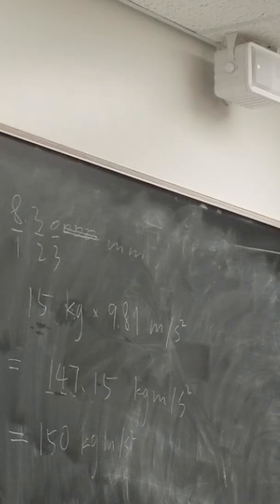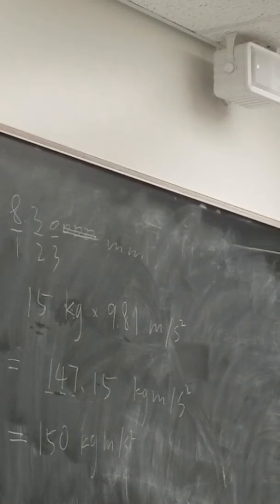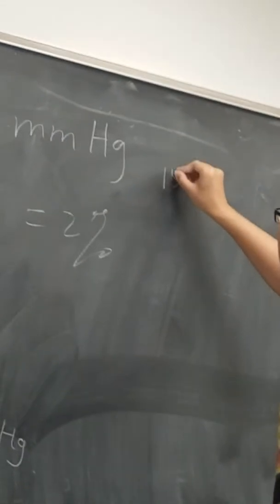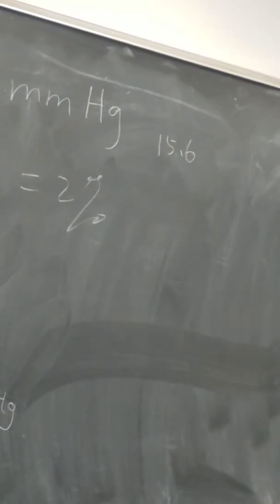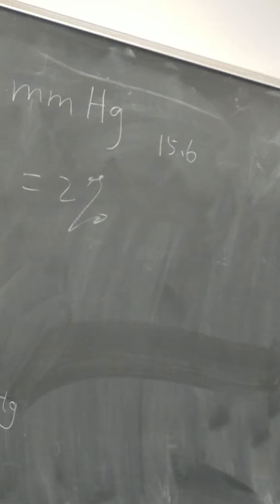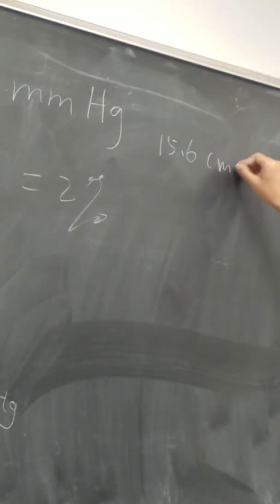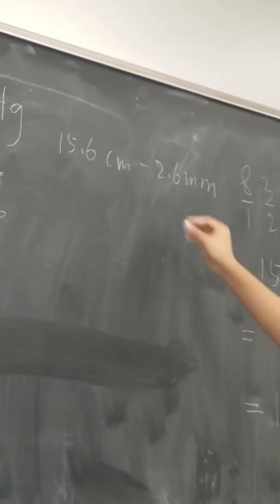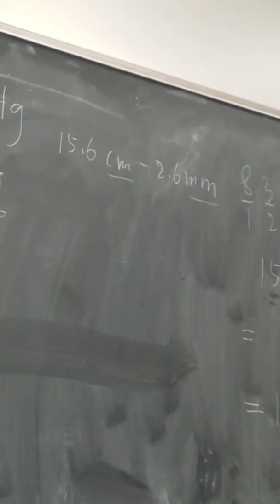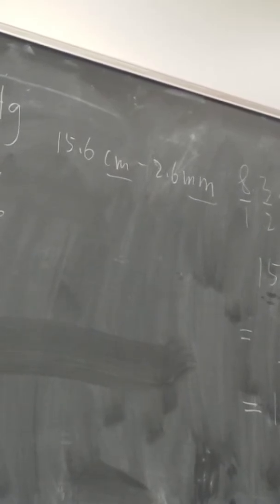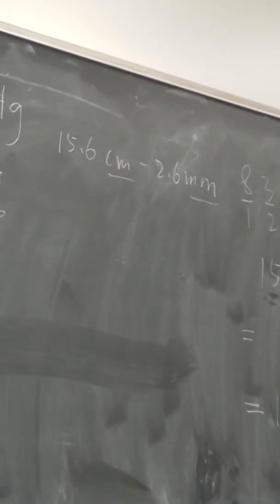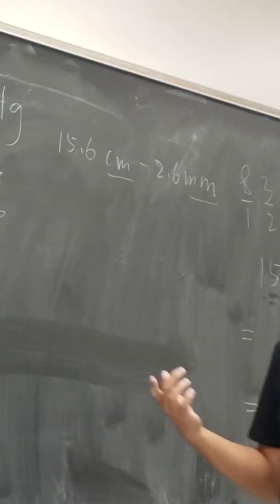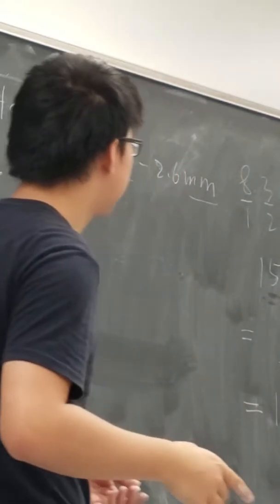Next one is 15.6 centimeters minus 2.6 millimeters. Okay, first thing you want to notice is the units are different. So when you calculate, you have to convert first. Second thing is, when subtracting and adding, you should keep the same decimal place.